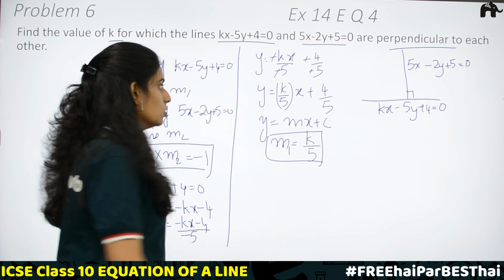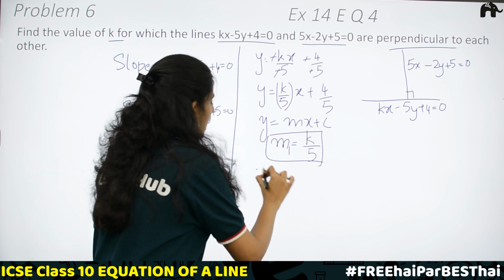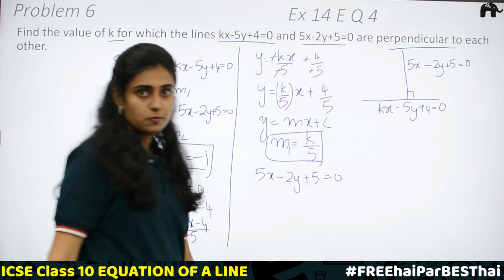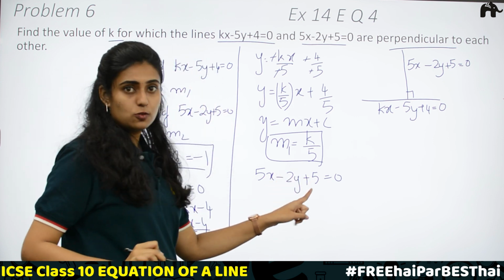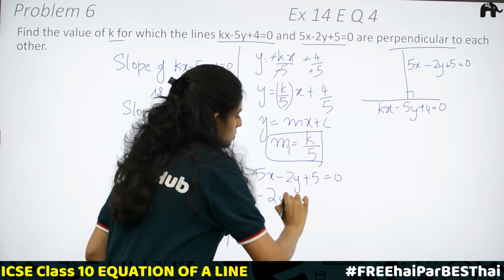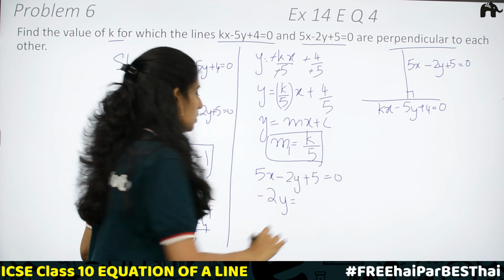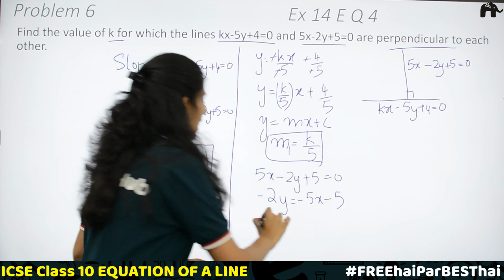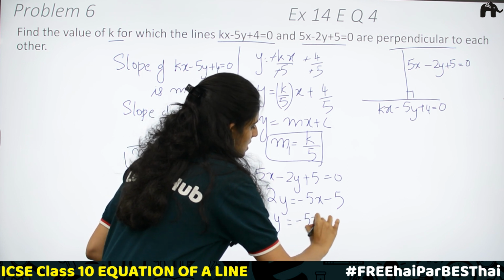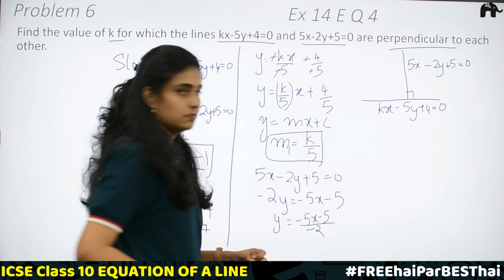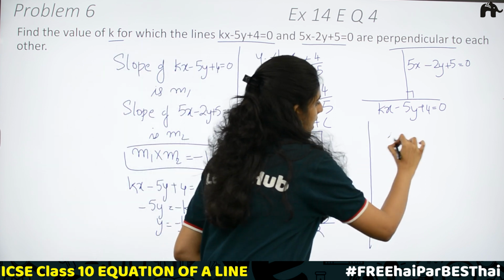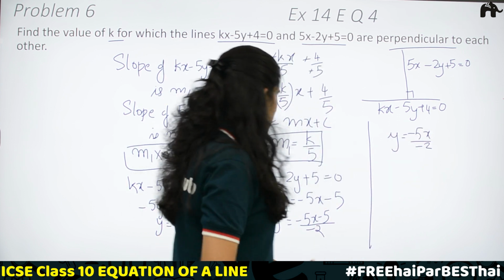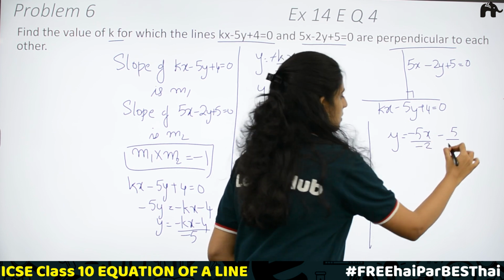Similarly, let's find m2, that is the slope of the second line. Second line has equation 5x minus 2y plus 5 is equal to 0. Here, the y containing term, minus 2y, is kept on the left hand side. Minus 2y is equal to 5x taken to the opposite side, minus 5x, plus 5 becomes minus 5. And y is equal to minus 5x minus 5 divided by minus 2.